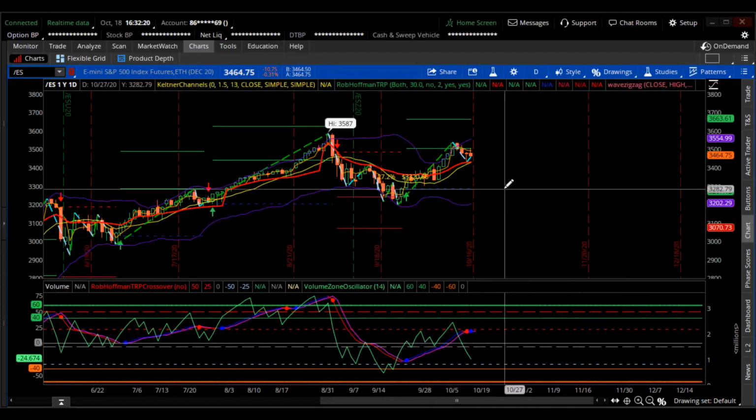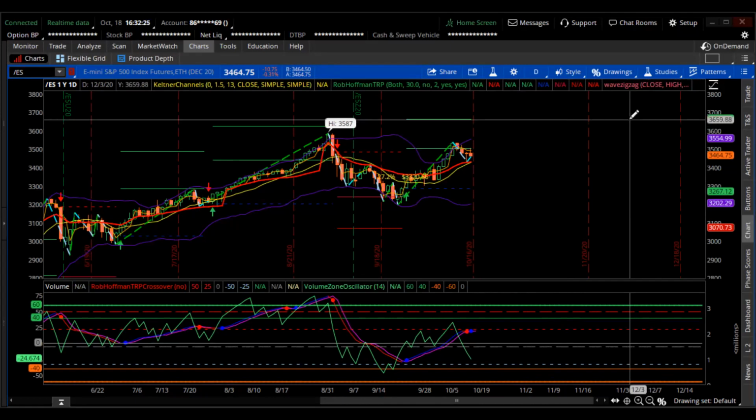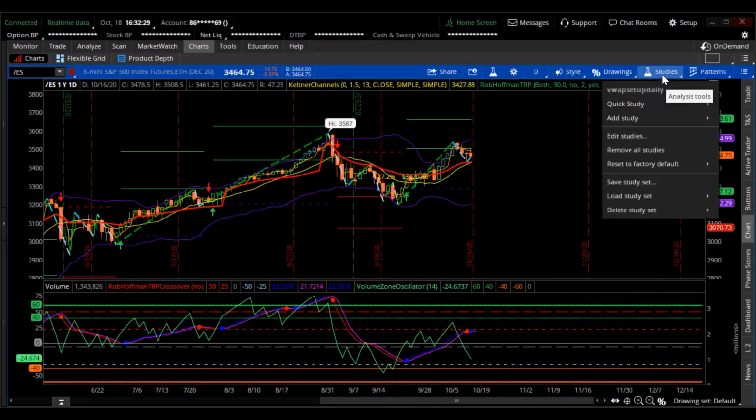We're going to go over the technical indicators that I use mainly for Thinkorswim. So this is daily. I have a different setup on the daily and the 15 minute chart because that's what I use. And then I have another platform, which is NinjaTrader, which I will show later.